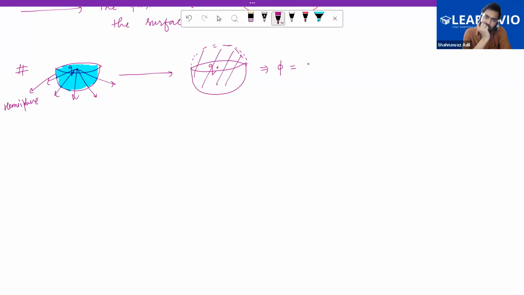This is a closed surface, right? So the flux would be simply Q by epsilon naught. And this is made up of two hemispheres. So phi 1, the flux through a hemisphere, would be simply Q by 2 epsilon naught. Is it clear?